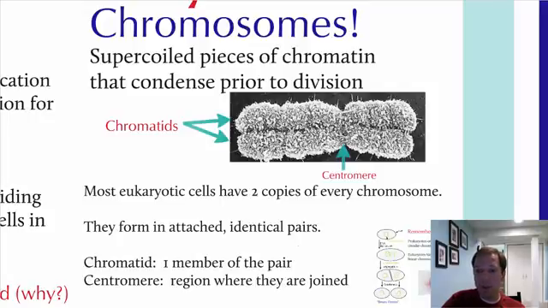So in this electron micrograph, you can see that the centromere is the point at which those two chromosomes are joined. These are called sister chromatids because these are exact identical copies of DNA. The base sequence in each of these sister chromatids is identical because that identical copy was produced during DNA replication in the S phase.